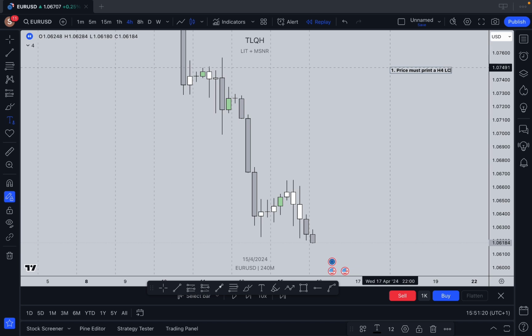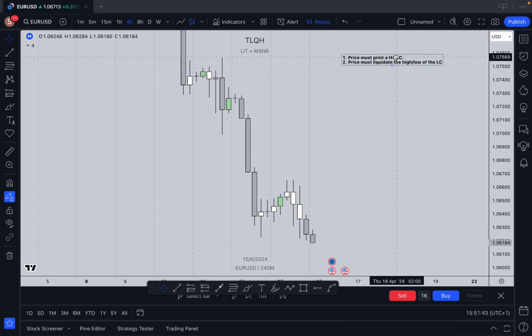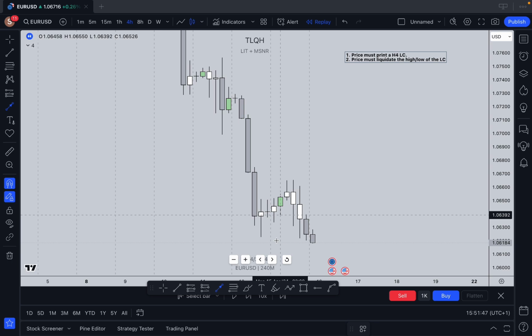Now the second step, number 2, price must liquidate the high or low of the LC. So say for example we are looking to trade away from this liquidity candle.